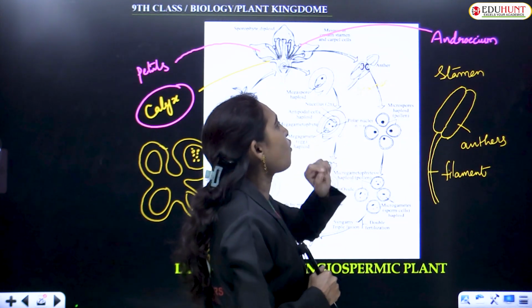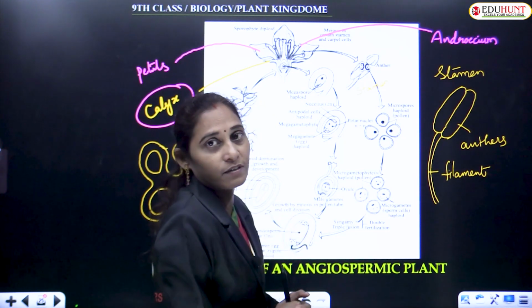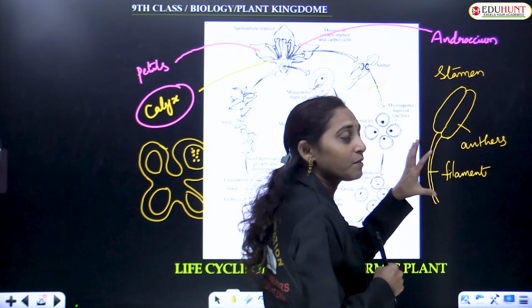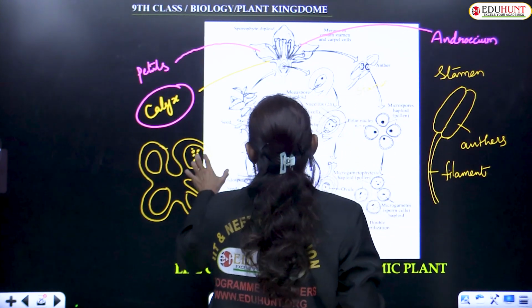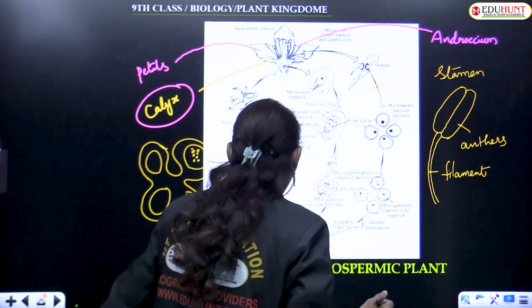The microspore mother cells undergo reduction division, that is meiosis. Where are the microspore mother cells? In the anthers, here.